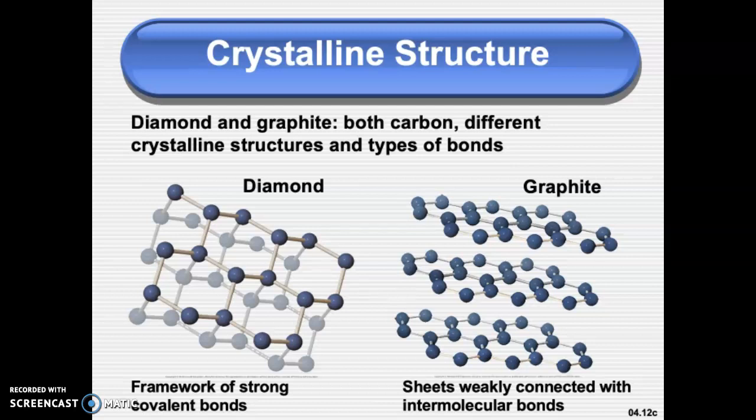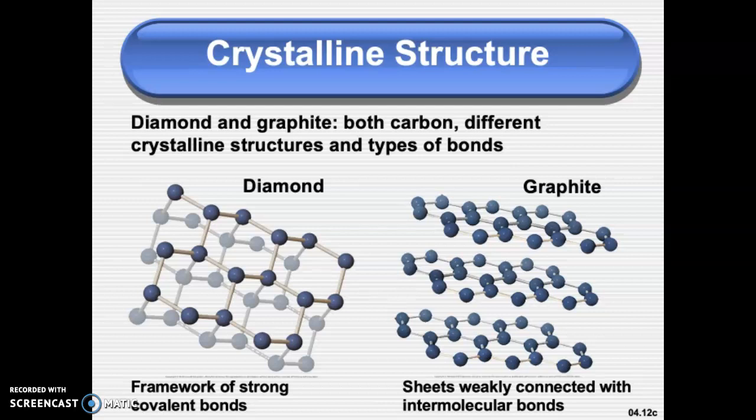So in the case of a diamond, the framework is very strongly bonded carbon atoms with covalent bonds connecting all the carbon atoms. In graphite, there are some covalent bonds in the sheets, but the sheets of graphite are connected to each other with that intermolecular force, those van der Waals bonds. So it's a much weaker bond.